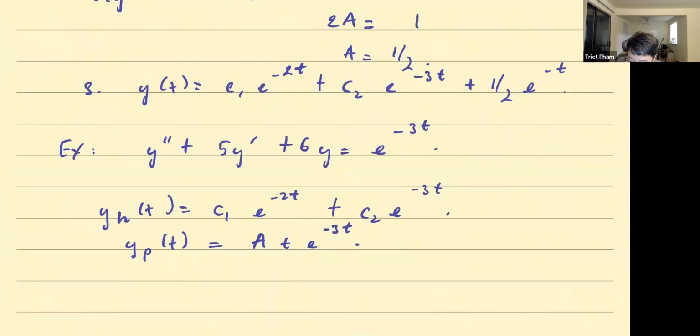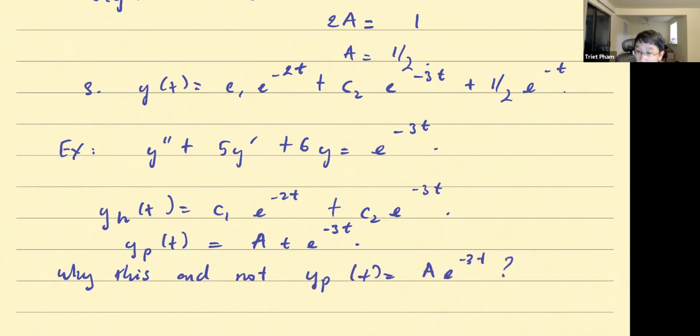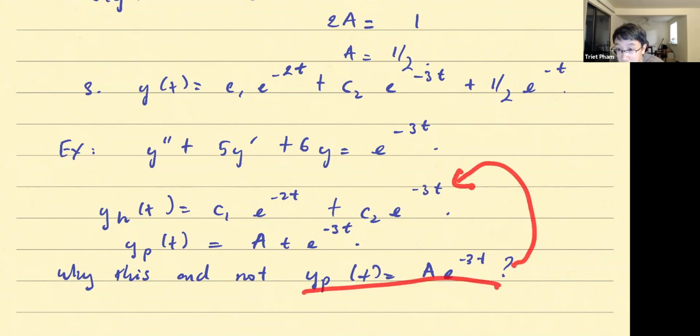So why this and not yp equals a e to minus 3t? We talked about this before. This form would not work in this case because it exactly coincides with the homogeneous solution.